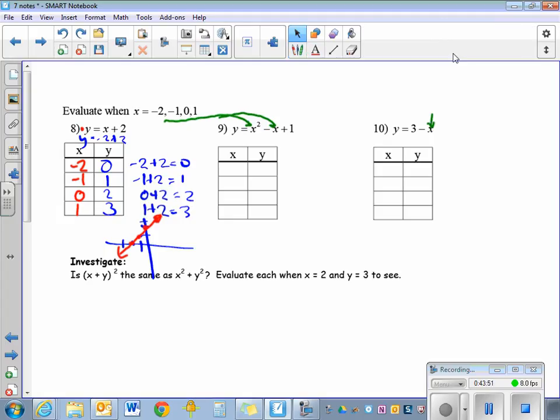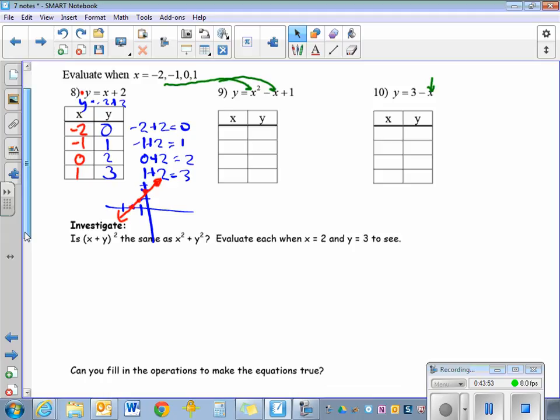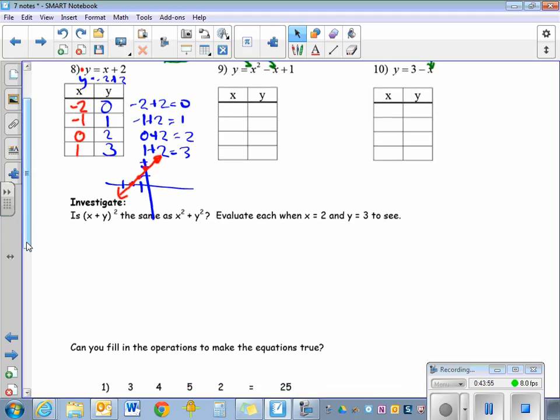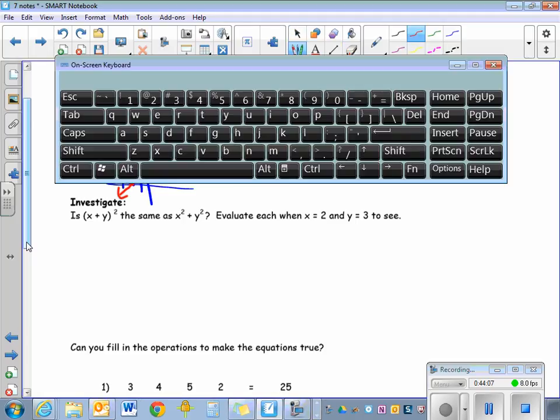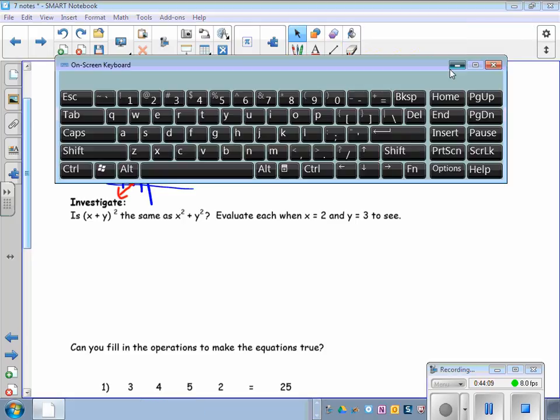Okay, so let's take a look at the investigate, because this is a really important concept with algebra. It says, is x plus y, that quantity squared, the same thing as x squared plus y squared?